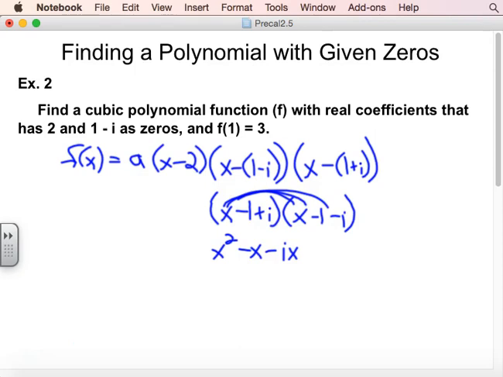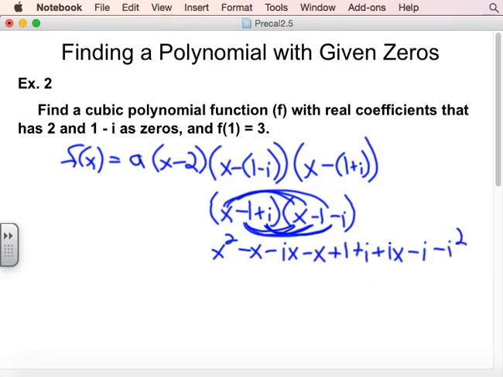There's 9 terms, oh my goodness, but lots of it is going to cancel out. Minus 1 times x is minus x. Minus 1 times minus 1 is plus 1. And then minus 1 times minus i is plus i. Now multiply by i: i times x is positive ix. i times minus 1 is minus i. And then plus i times minus i is minus i squared.